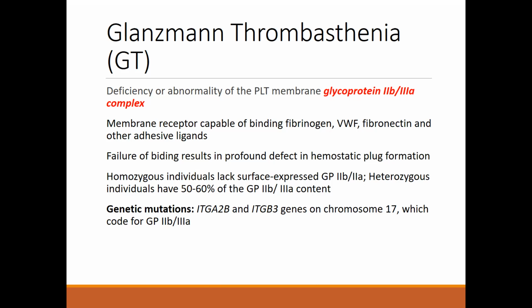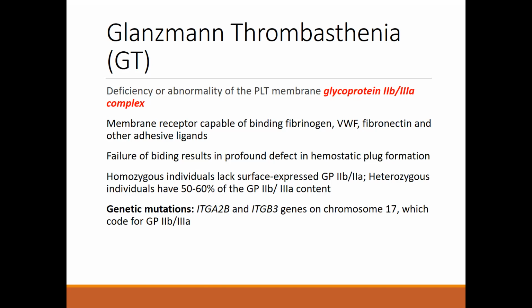Again, homozygous individuals lack surface expressed glycoprotein 2B3A, and heterozygous individuals will have about 50 to 60% of the functional glycoprotein. So they still have it. That's why they could be clinically normal.